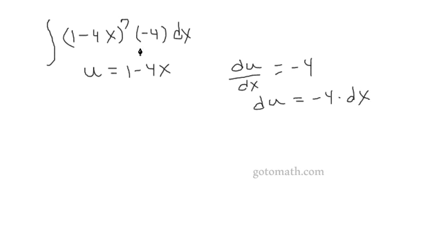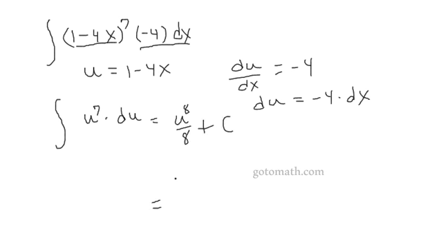As you can see, we can do the substitution. That's going to get replaced, and this piece here is going to get replaced. And so we end up with the integral of u to the seventh times du, and then we can easily do this, plus c, and then go back and substitute back in.